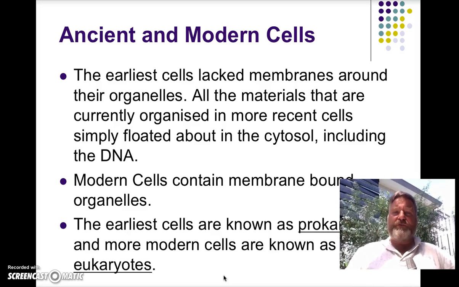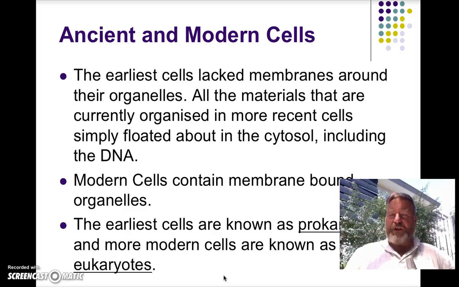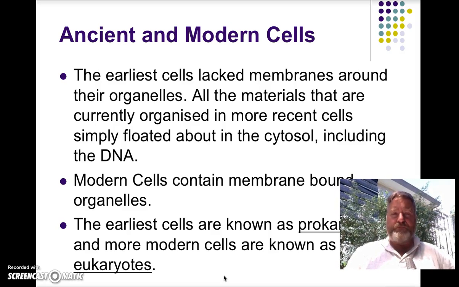The earliest cells lacked membranes around their bits, so everything was free floating, particularly of course the DNA. So all the biochemical processes just occurred in the cytosol. This limits the size clearly, and probably limits the ability to evolve and change rapidly as well, and to respond to attack.